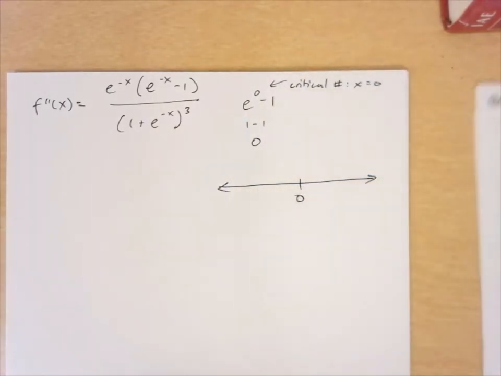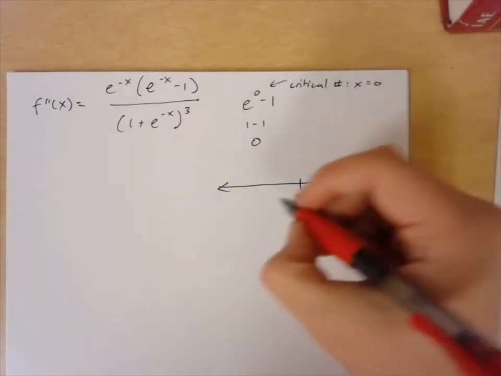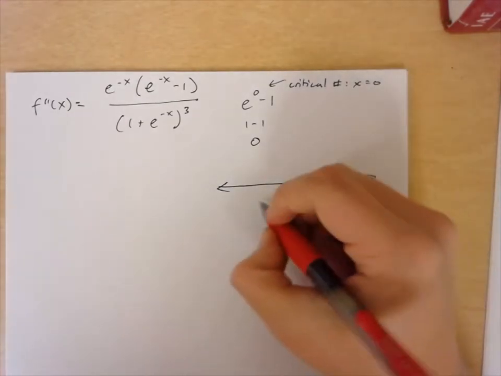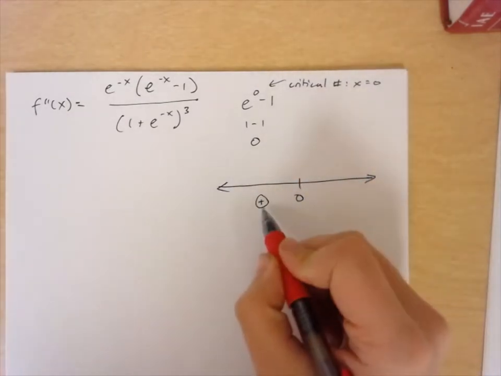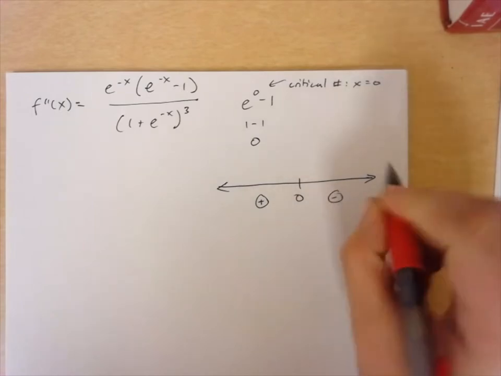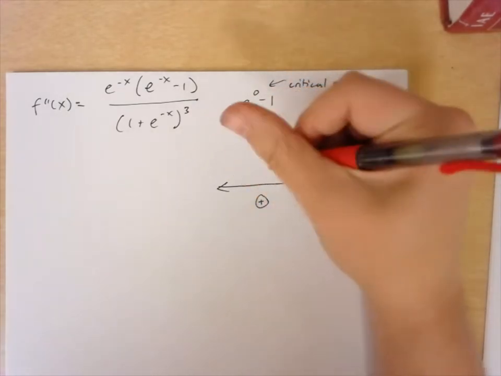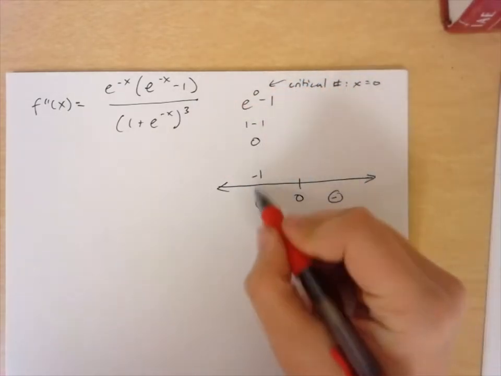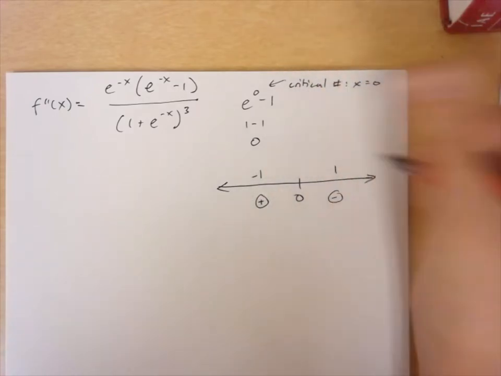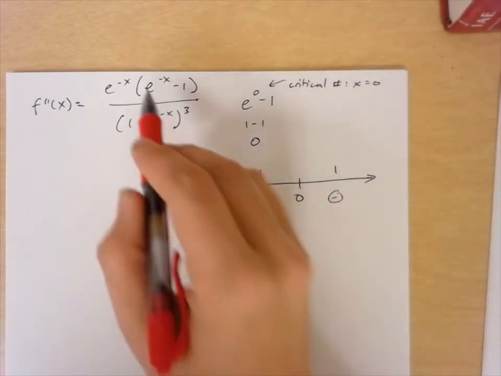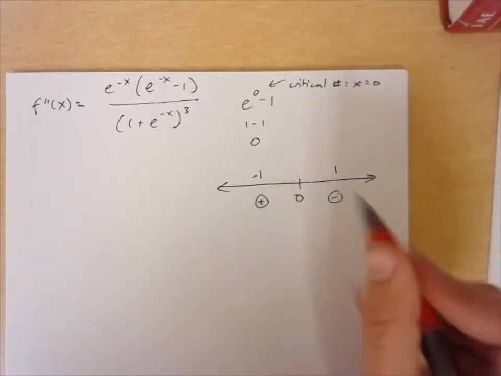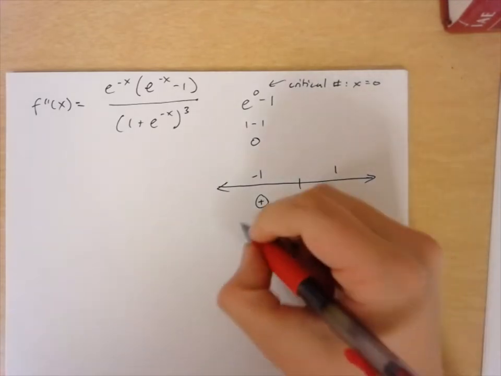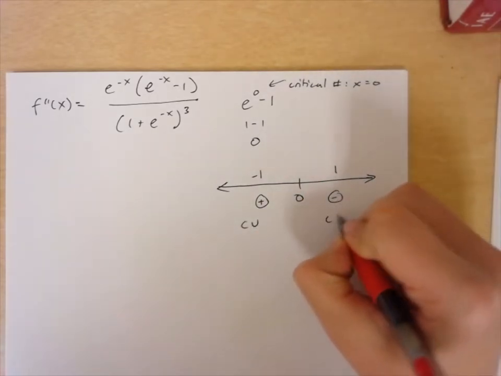Let's use that. There it is, 0, and I'm going to have a positive when I throw that into my second derivative, and I'm going to have a negative when I throw, oh pardon me, I guess I should have my test number. If I tested a negative 1 and I tested a positive 1, and I put those into my second derivative, I would get a positive and I would get a negative, which means I would go from concave up to concave down.